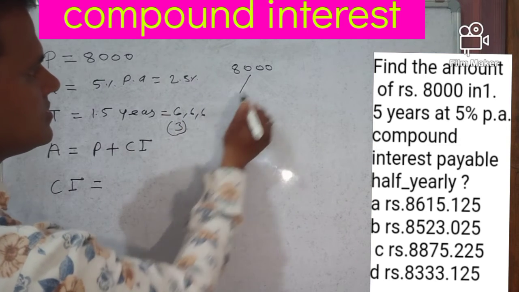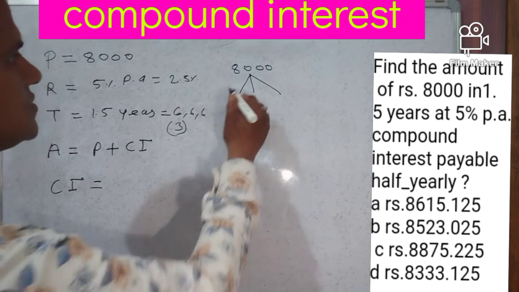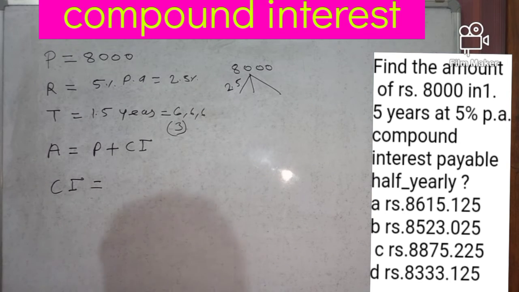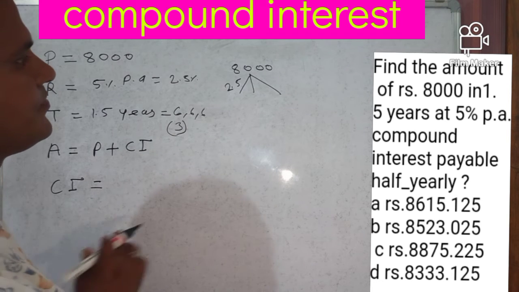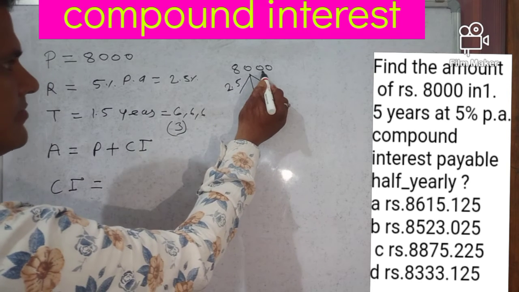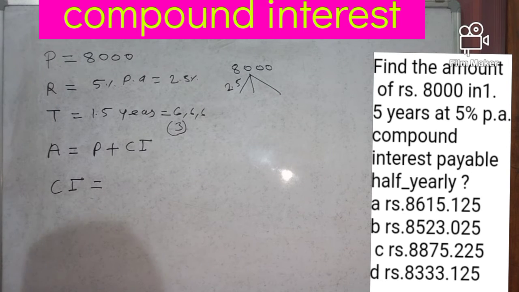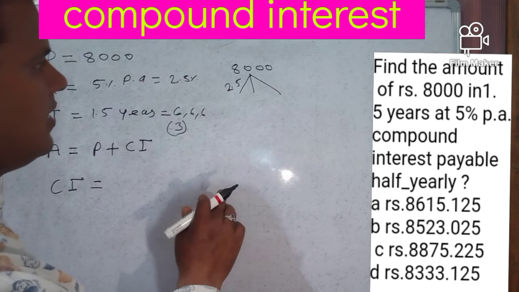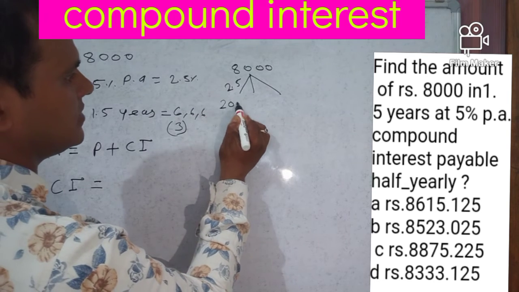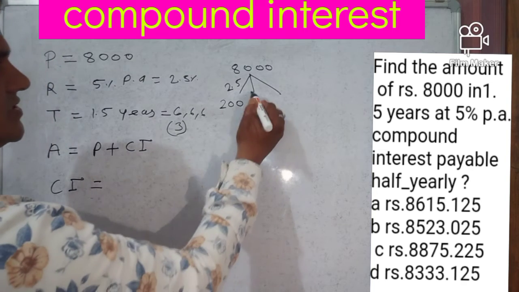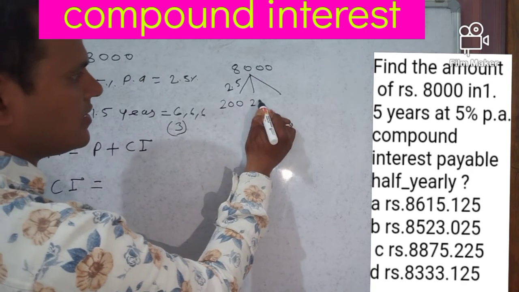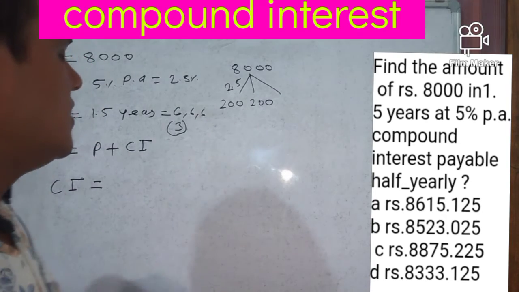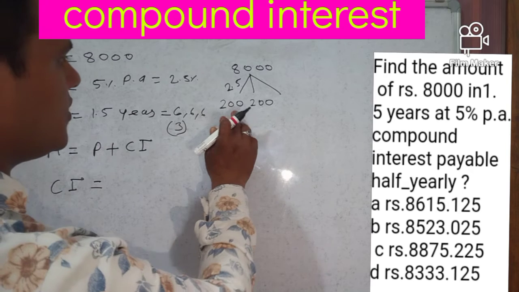Now draw 3 lines, 6, 6, 6, 2 and 3. So 2.5% of 8,000 will be in the first period. 10% will be 800, 5% will be 400, half of 5% will be 2.5%, so half of 400 is just 200. Okay, this is the first period. Second period also 200, but compound interest is interest on interest, so also it will come from 200.